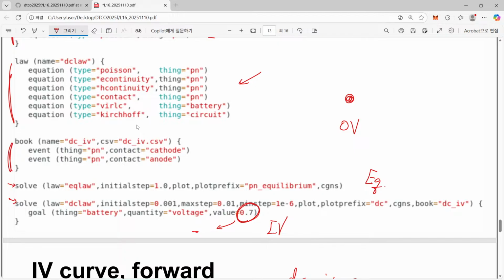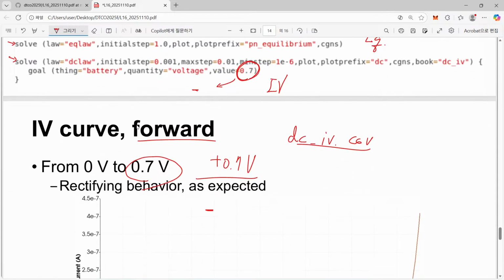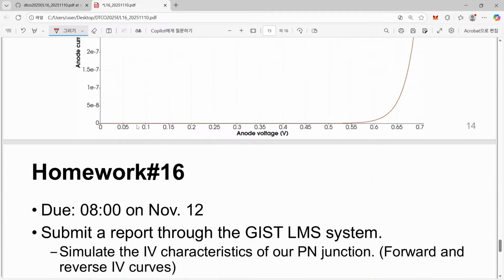So if you want to have a forward sweep and a reverse sweep, then you have to make a copy of this info file, and one just goes in the positive direction, and the other one goes in the negative direction. And please perform both the forward sweep and reverse sweep and draw these two graphs.